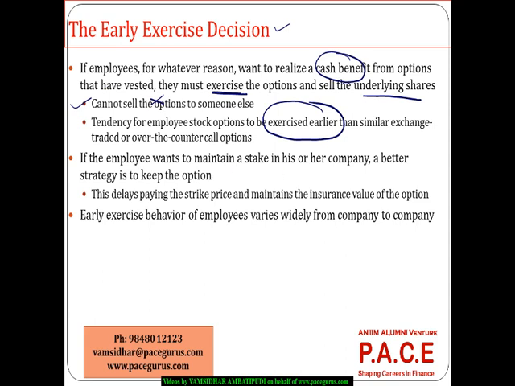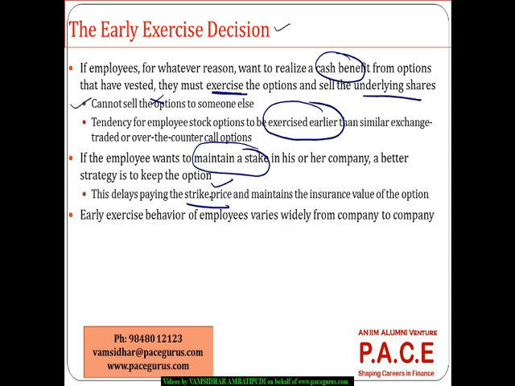But if the employee is more desirous of just maintaining a stake, it depends on the employee's objective. If the objective is to make cash, the best thing is to exercise the option and sell the underlying share. Whereas if the intention is to maintain a stake, then it is better to keep the option. In this case, at least I don't need to pay the strike price today.